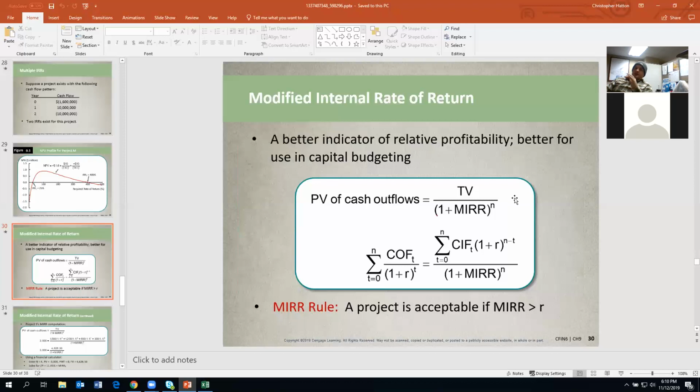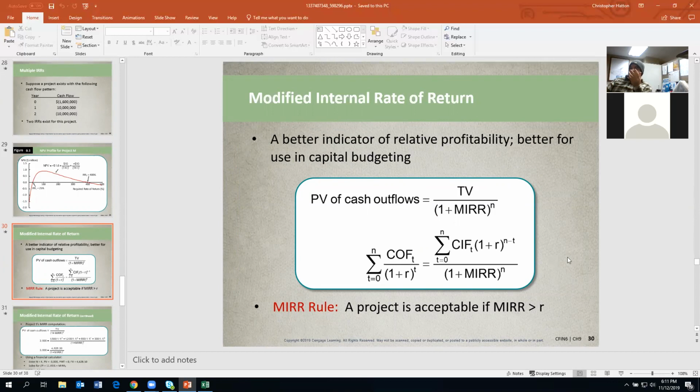So modified internal rate of return takes into account the present value of all outgoing and the future value of all incoming cash flows. It's complicated, but just follow the template that I'll show you at the end of the lecture to get a better understanding.